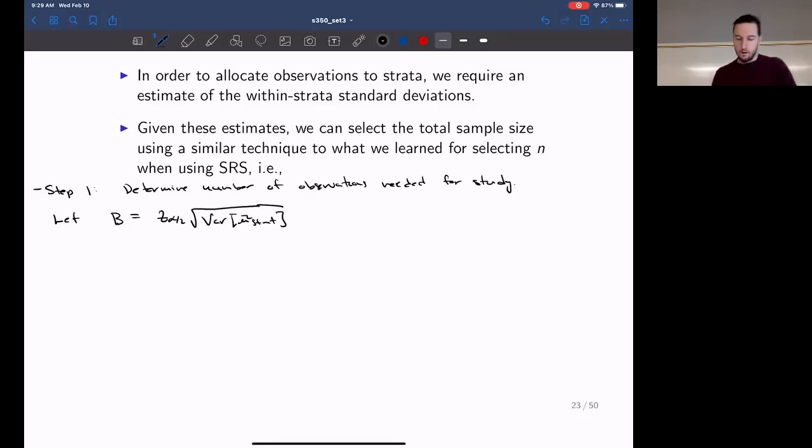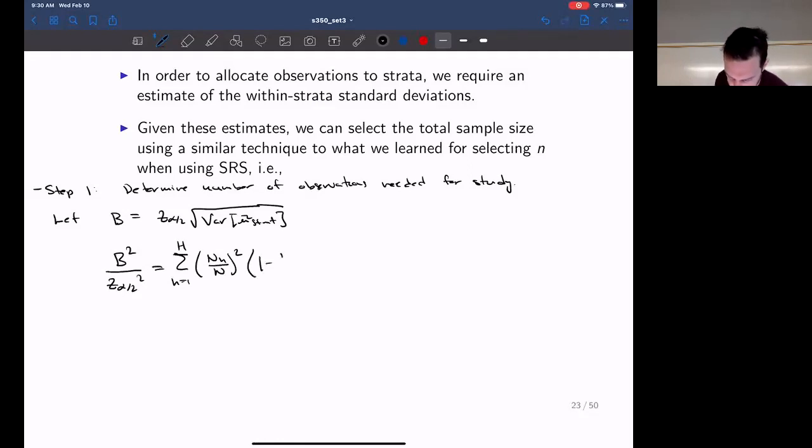We know that the variance of mu tilde strat is equal to the sum from h equals 1 to capital H of W_h squared multiplied by 1 minus n_h over N_h, multiplied by sigma squared h over little n_h. Let's start off just by squaring, so we're going to have B squared divided by Z alpha over 2 squared, and this is going to be equal to the sum from h equals 1 to capital H. Inside the sum, the first thing we have is the W_h squared, so we'll write this as capital N_h squared over capital N squared, and the reason I'm writing it that way will be clear in a moment.